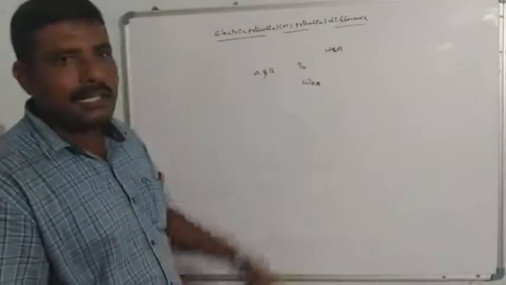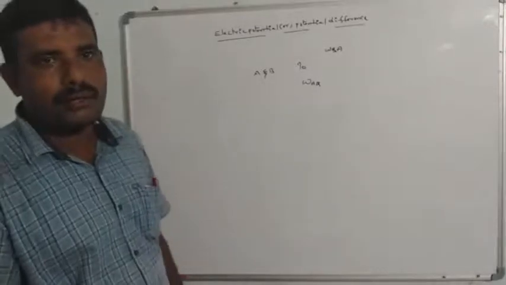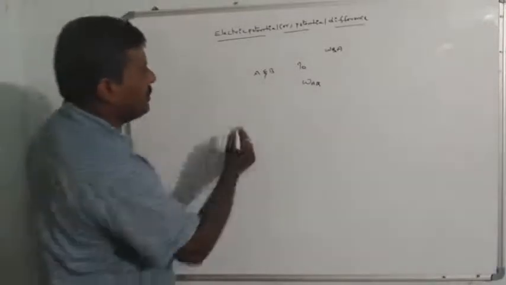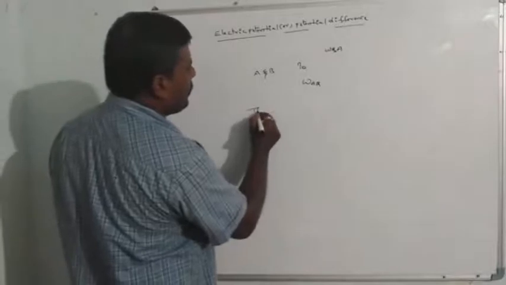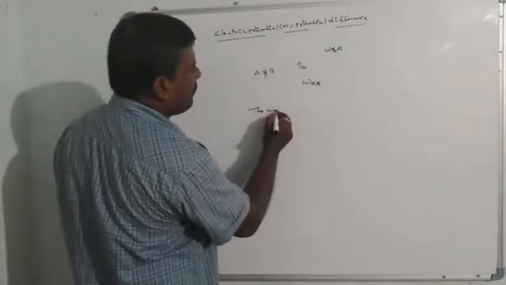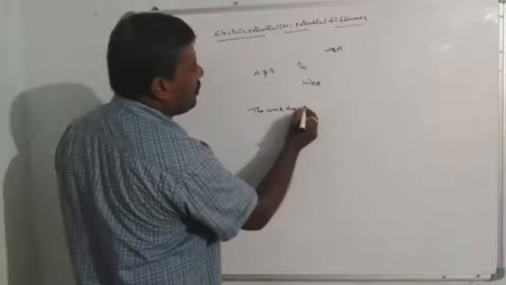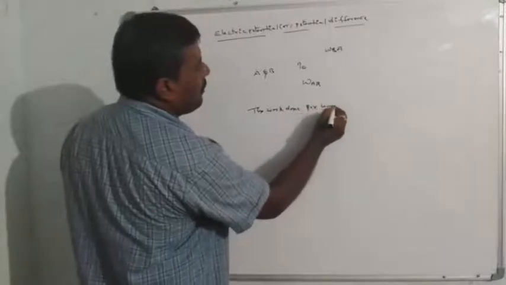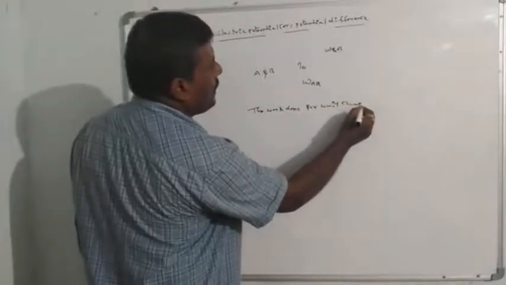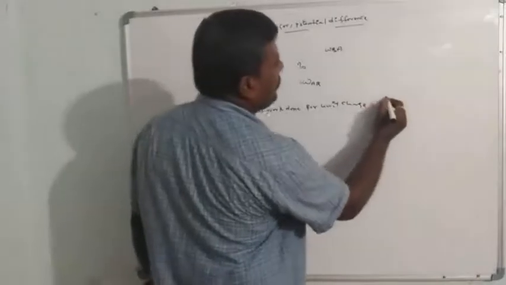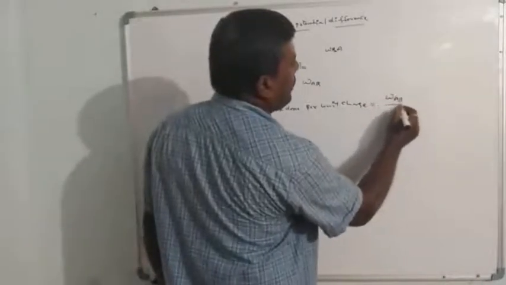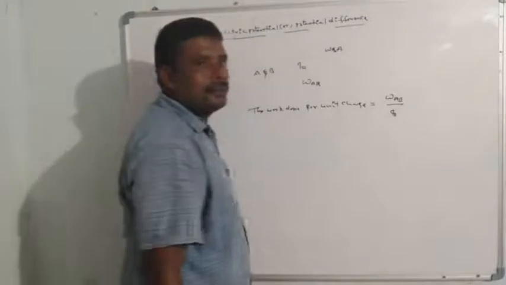So now calculate the work done per unit charge. That means the work done per unit charge equals WAB by Q naught.